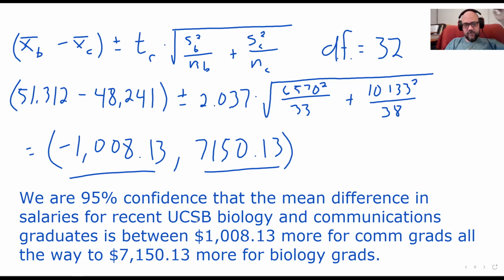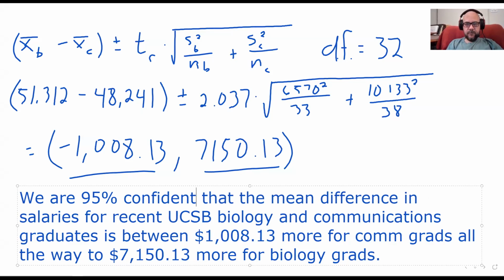So we're 95% confident that the mean difference in salaries for recent UCSB biology and communications grads is between $1,008.13 more for communications grads, all the way up to $7,150.13 more for biology grads.